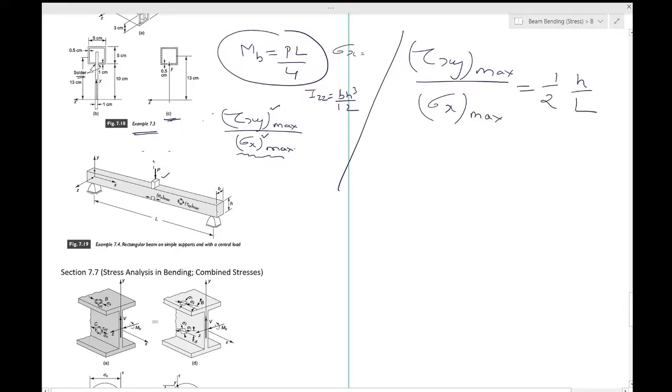We already know that h is the height of the beam, and capital L is the length of the beam. Thus the bending and shear stresses are of comparable magnitude only when L and h are of the same magnitude. So if L is much greater than h, tau xy max will be much smaller than sigma x max.